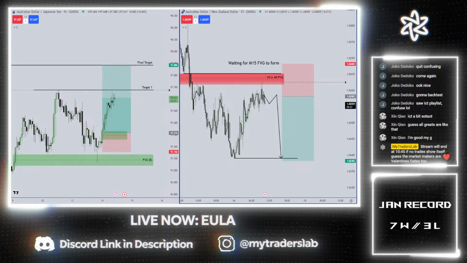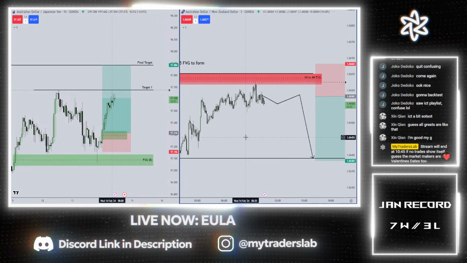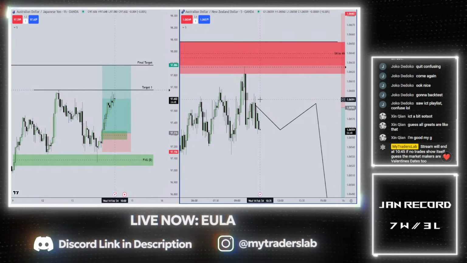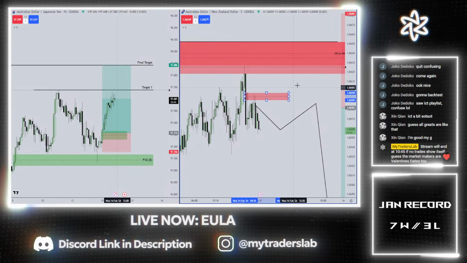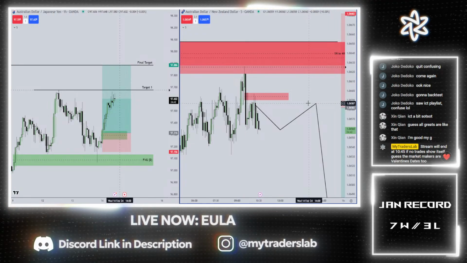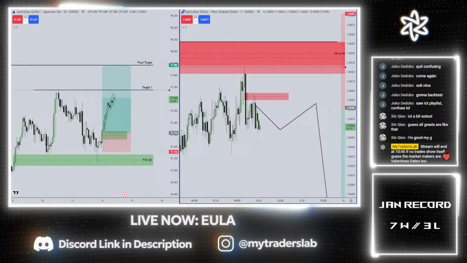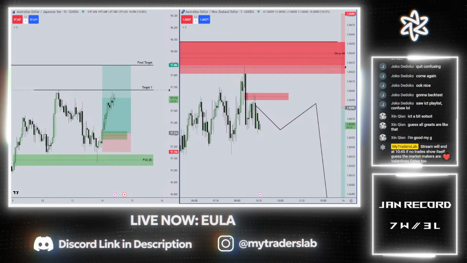Let me check the New Zealand dollar again. It reacted off this fair value gap. It's rather clean actually. But I want to see another fair value gap form, and then I'll take entry off of it.